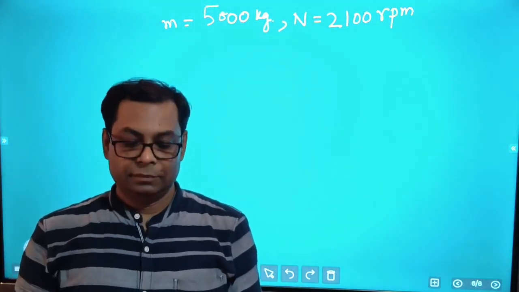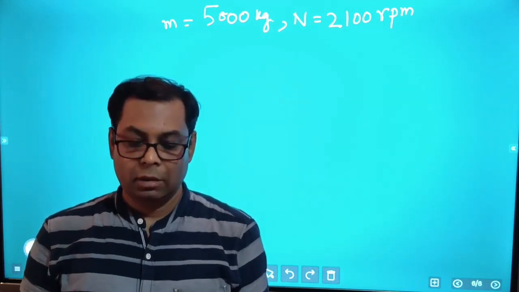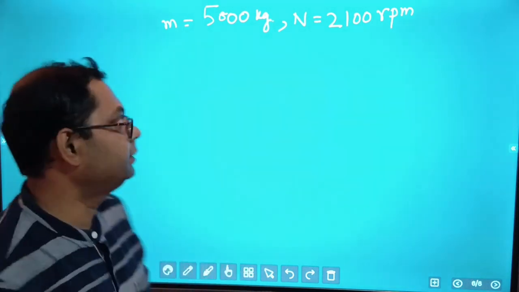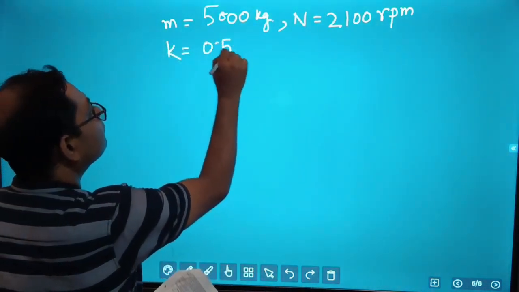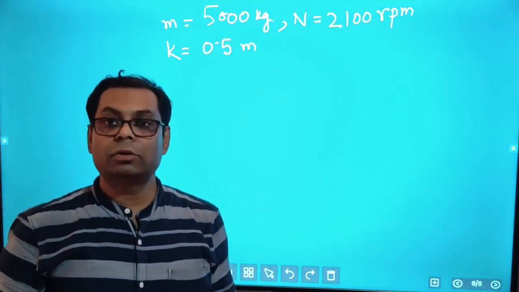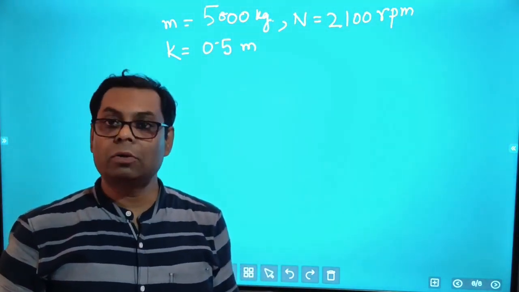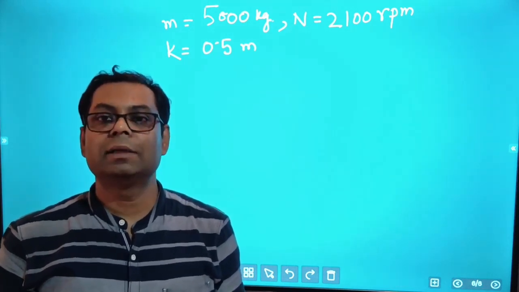This rotor has a radius of gyration of 0.5 meter and it rotates in clockwise direction when viewed from the stern.